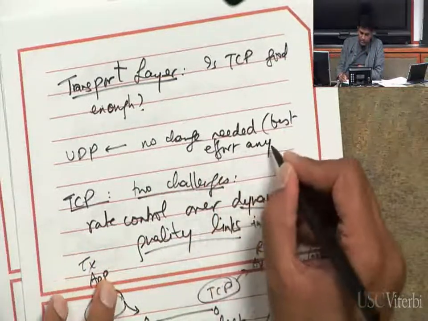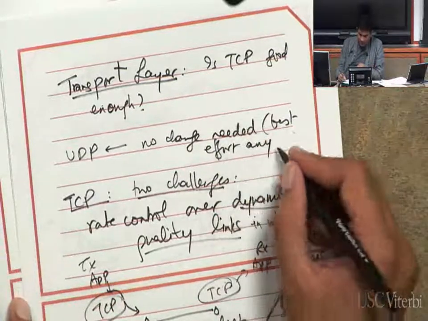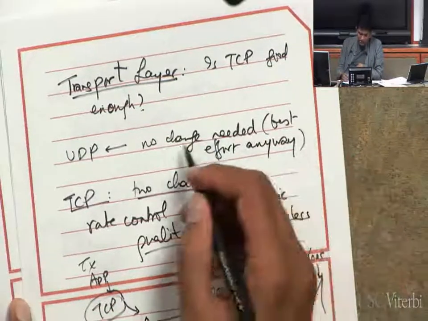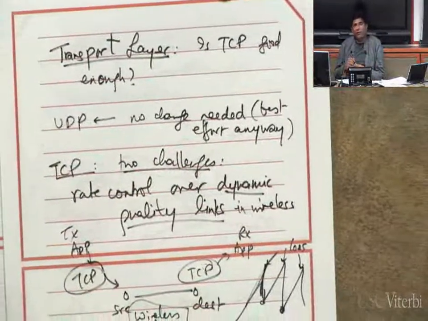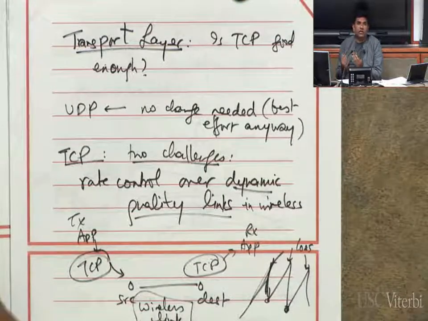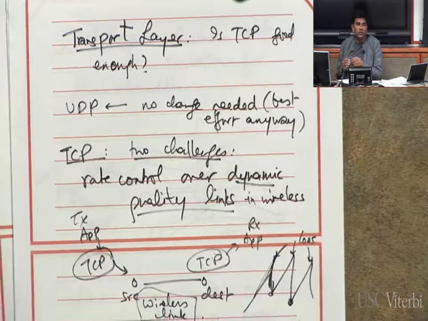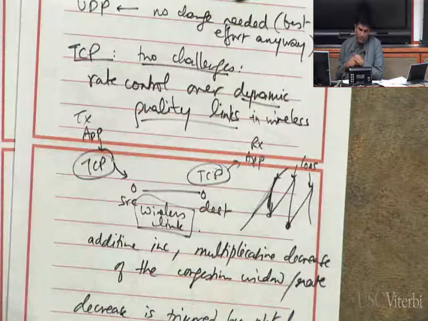And there's no responsiveness to either loss or to congestion. And so there's nothing you can really do differently in a wireless setting than a wired setting. However, for TCP, which is the more intelligent of the two transport protocols, trying to ensure reliability, trying to ensure that it doesn't overload the network when it's congested, then you have these two sets of issues to deal with.